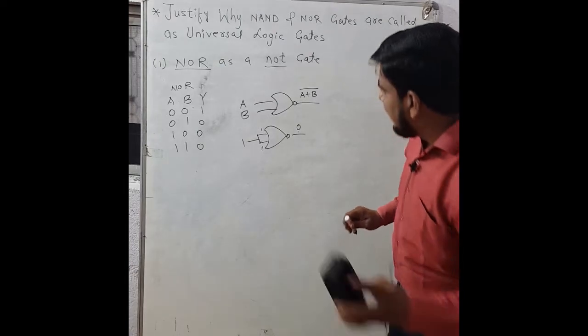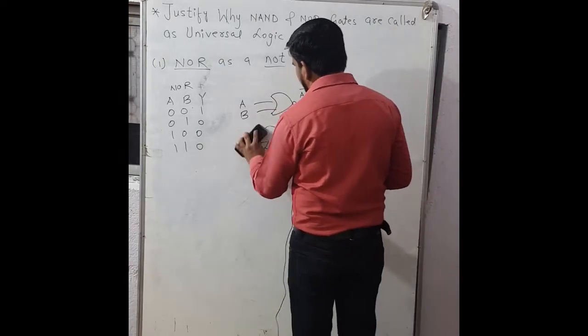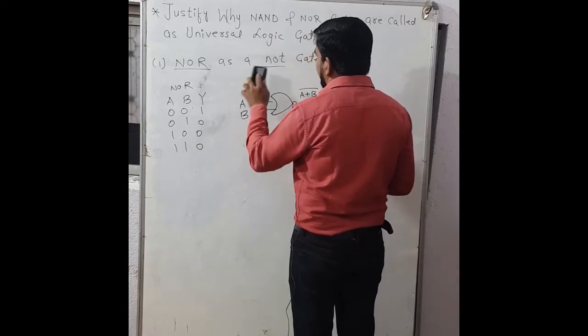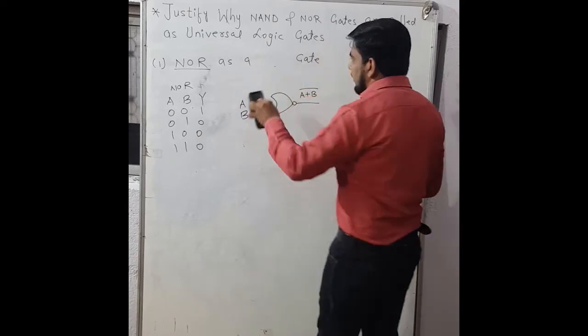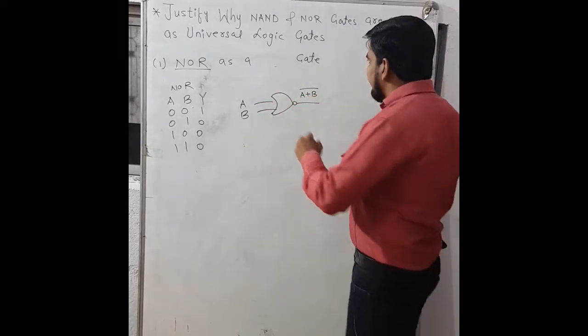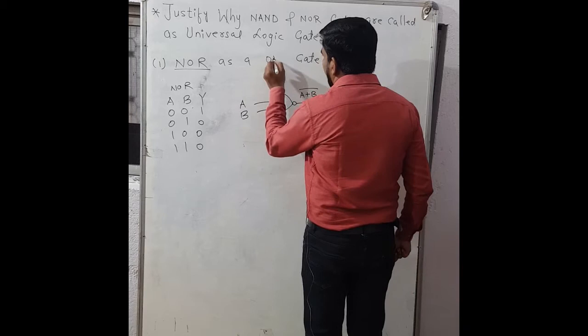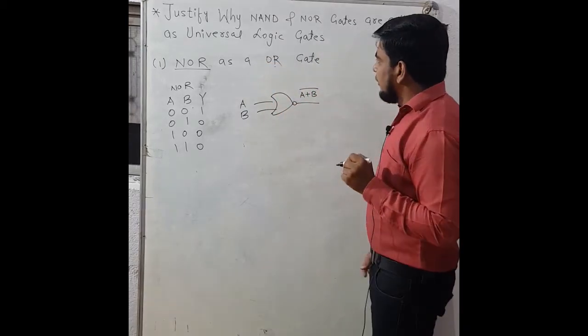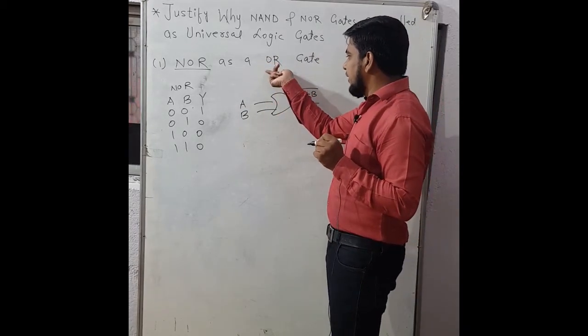Next, we'll see how this NOR gate can work like an OR gate. Instead of NOT, we'll perform the operation of an OR gate. How will NOR perform like OR?